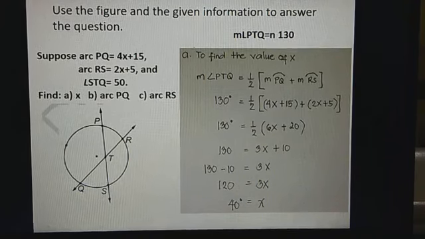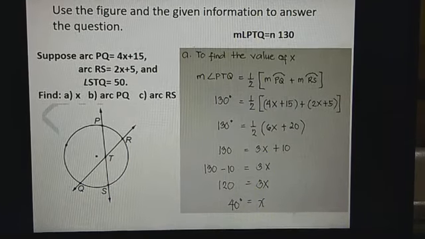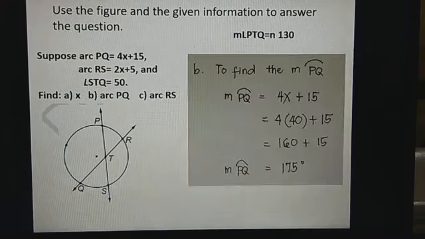Ngayon, yung value ng x na 40, gagamitin natin in order to find the measure of arc PQ and arc RS. So, let's proceed to letter B. Since the value of x is 40, let us substitute 40 to the given measure of arc PQ, which is expressed in algebraic expression 4x plus 15.